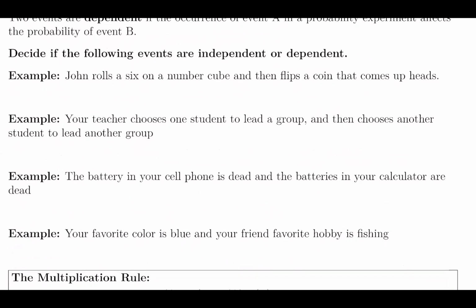For this first example, John rolls a 6 on a number cube. We'll say that's event A. Event B is flipping a coin that comes up heads.